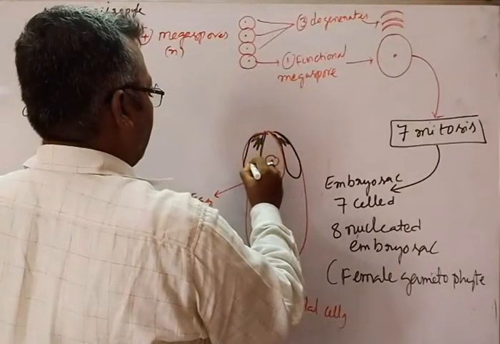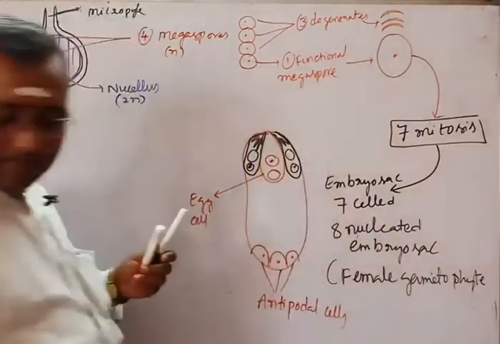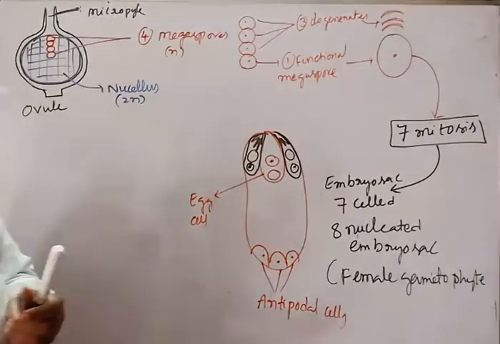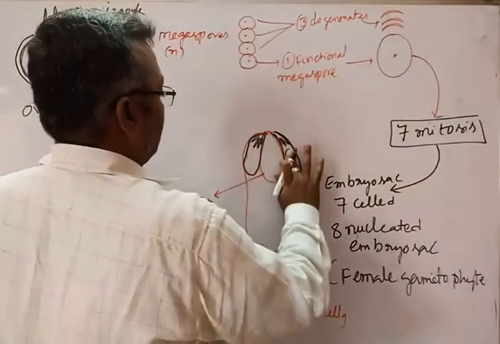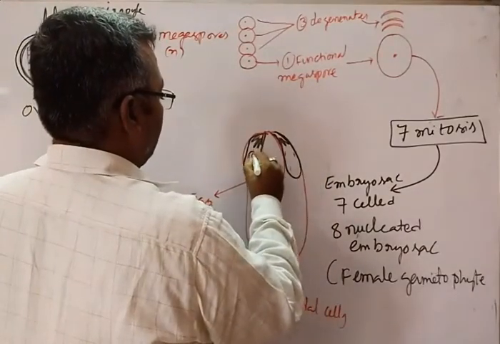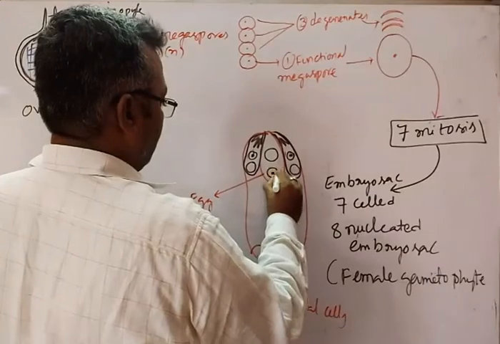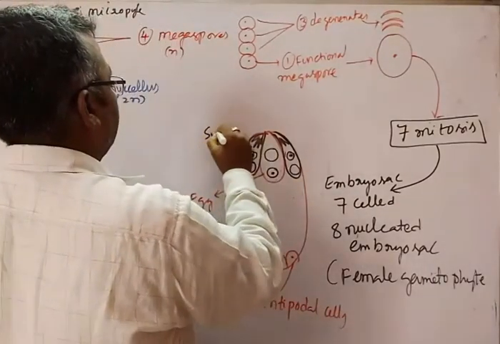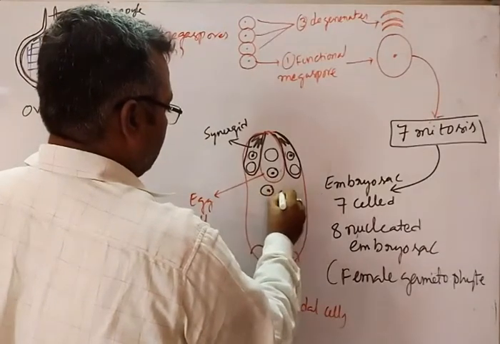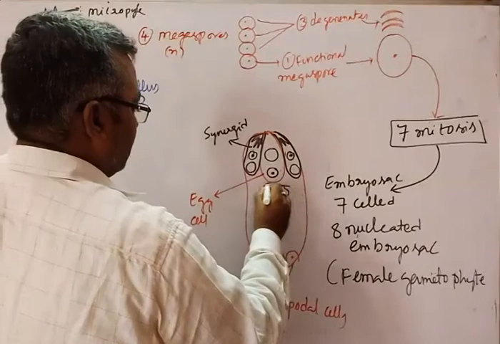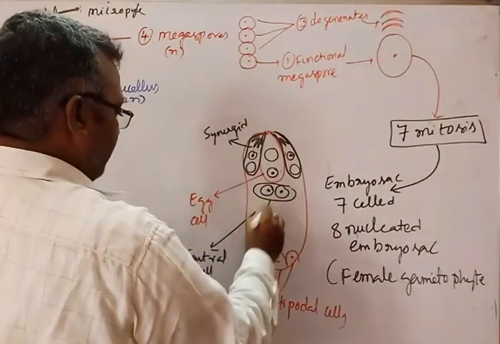These are called synergids, and one central cell with 2 polar nuclei.